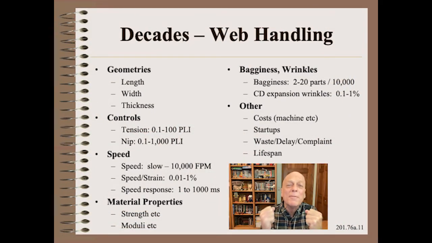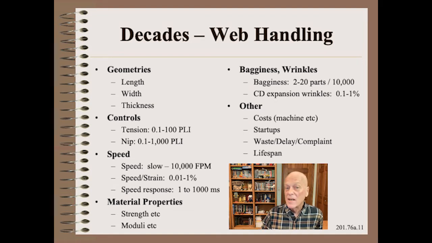I am super excited to continue this series next week with a tour of web geometries such as web length, width, and thickness, as well as the roller sizes required to run those webs. In subsequent weeks, we will explore the range of controls such as the ubiquitous tensions, nips, and speeds.